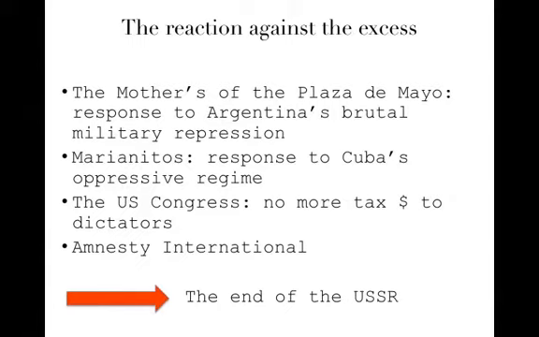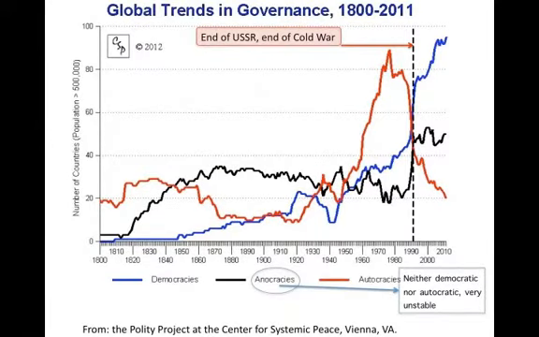And obviously, this is not a reaction against the excess, but all of this ends when the USSR stops being. When the Soviet Union crumbles, the Cold War ends. And once the Cold War ends, so do the authoritarian regimes.